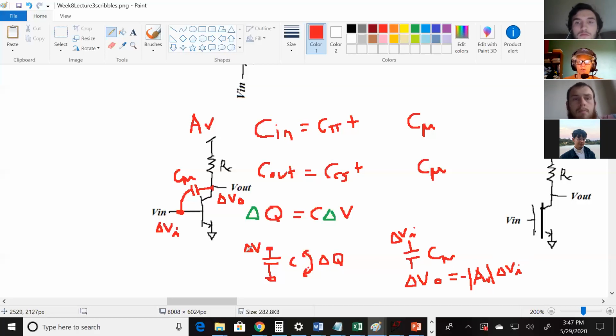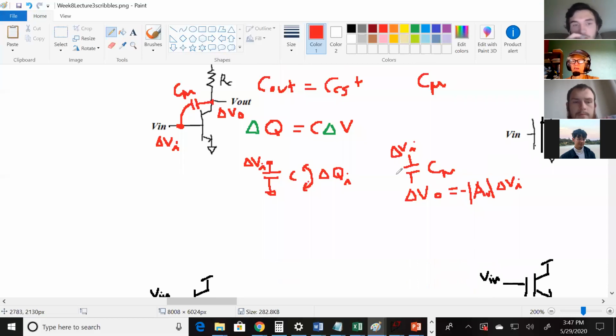Okay, so the change in voltage across here caused a change in charge of delta QI. And so the total net change in voltage across this was just delta VI. This right here, what's the net change in voltage across this capacitor? Delta VO minus delta VI.